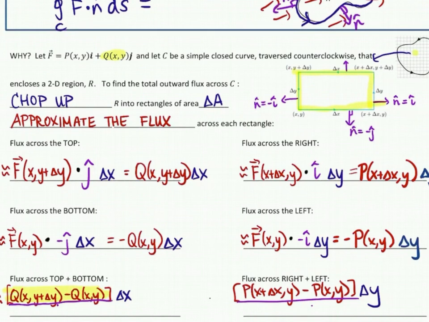It kind of reminds us of when we were finding a partial derivative. In fact, if I divide both the numerator and the denominator by delta y, then this whole piece right here is going to be approximately the partial of Q with respect to y, and then times delta x delta y.